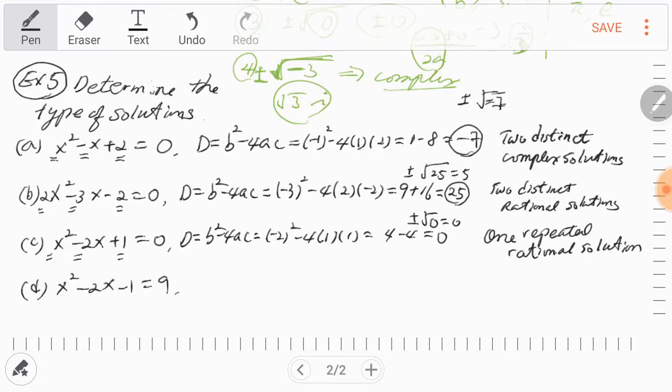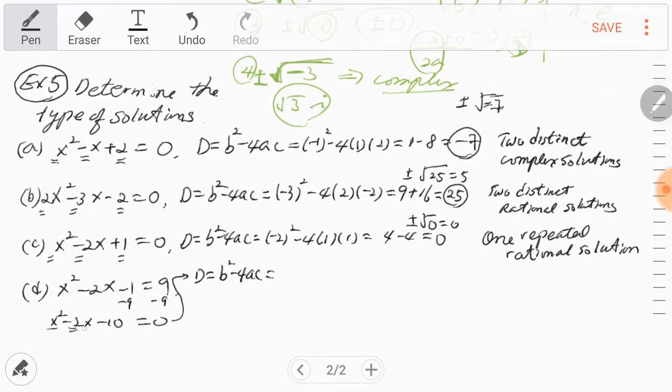In this case, the right side is not 0, so we have to move everything to the left. The right side has to be 0. So subtract 9 from each side. Then the left-hand side is x squared minus 2x minus 10 equal to 0. Let's use this equation to find the discriminant. The discriminant is b squared minus 4ac, and a equals 1, b is negative 2, c is negative 10.